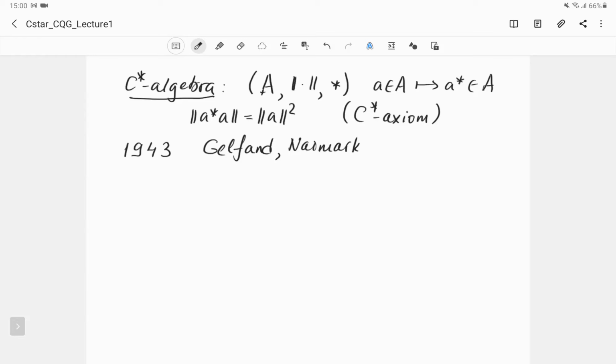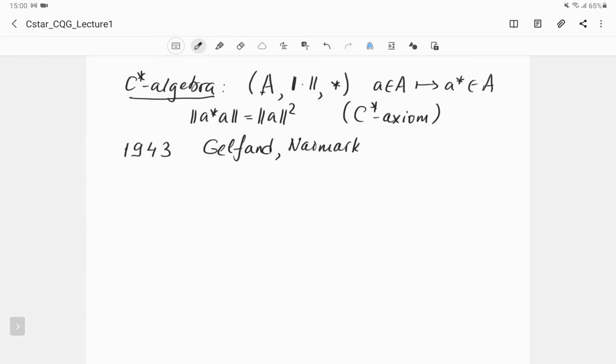The original motivation for Gelfand and Naimark was to apply C-star algebras to representation theory of groups. By the way, Gelfand often said that representation theory is all of mathematics.